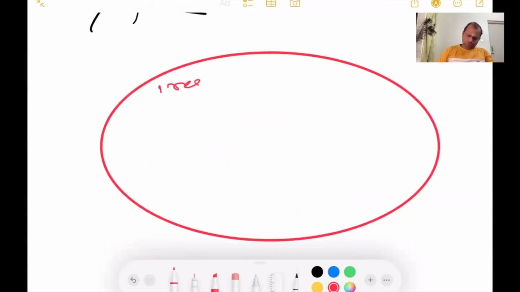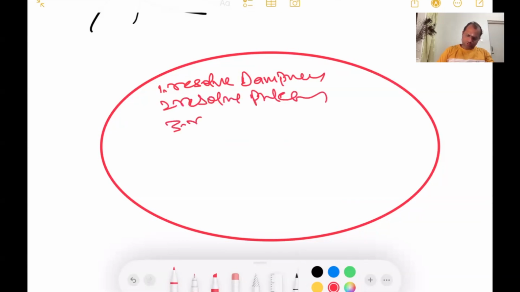So resolve flame, resolve dampness, resolve flame, resolve heat.